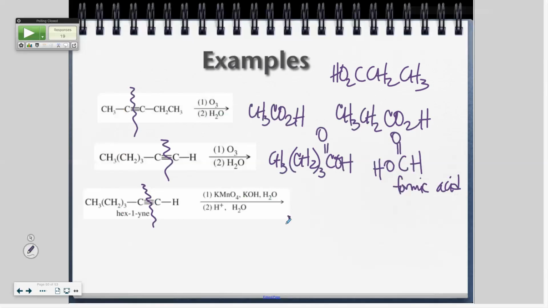Okay, and then from here we get the formic acid. Well, guess what happens in permanganate? You get carbon dioxide, and guess what that does? You can get rid of it really easy. So you can actually use that to make some simple carboxylic acid.